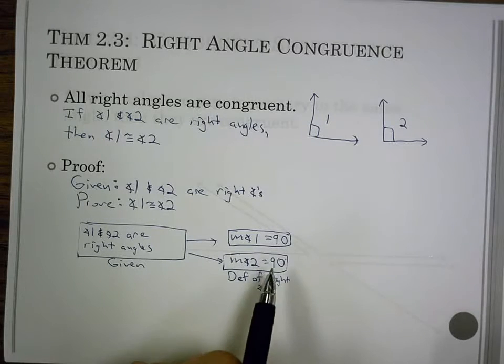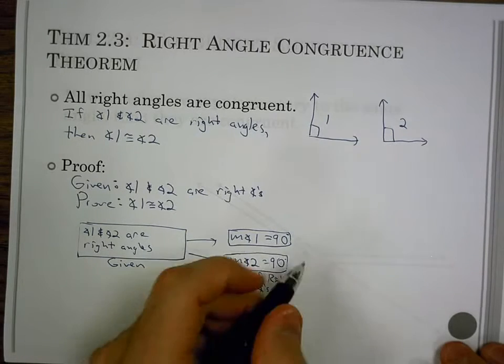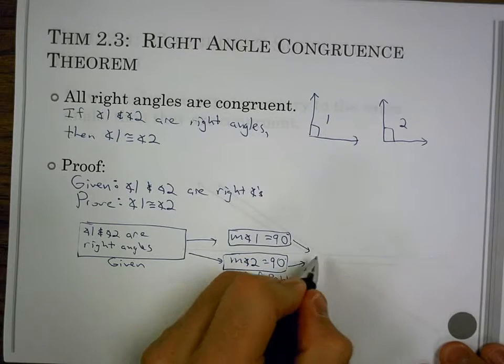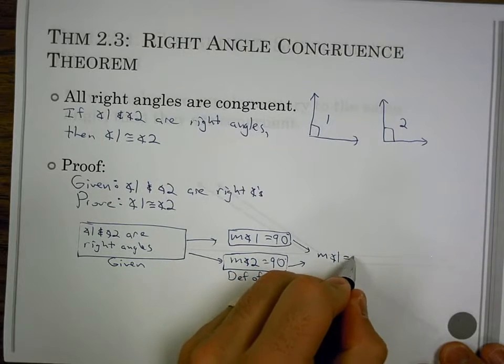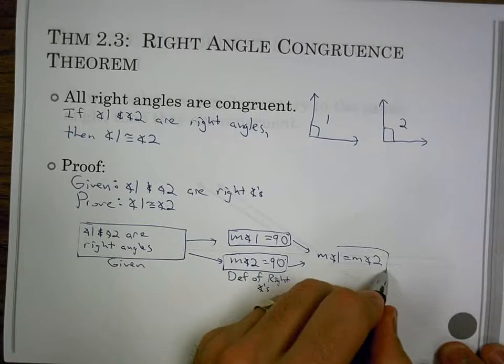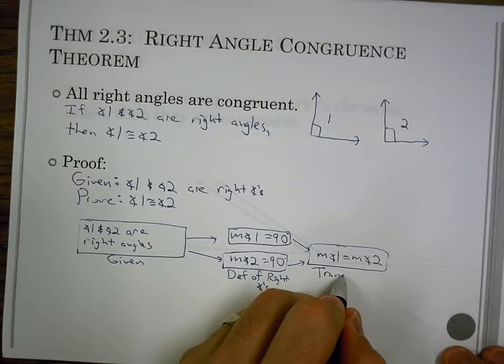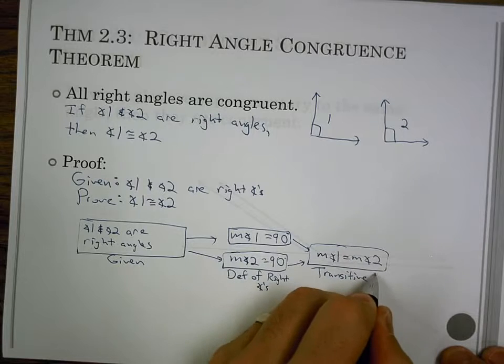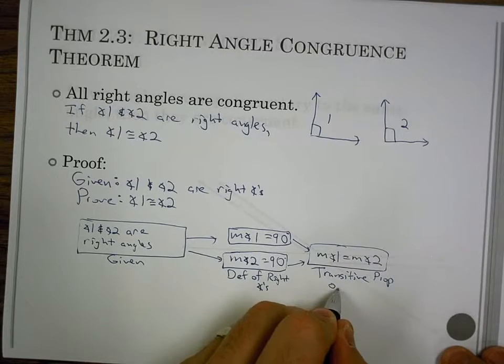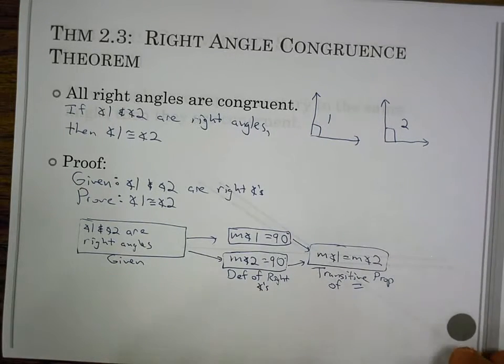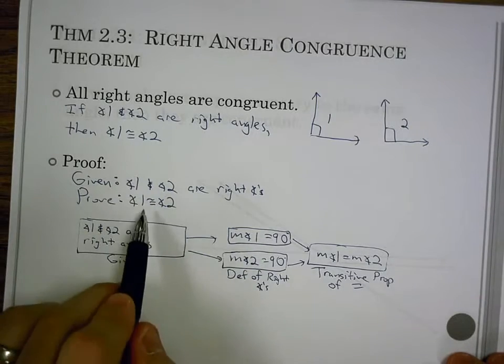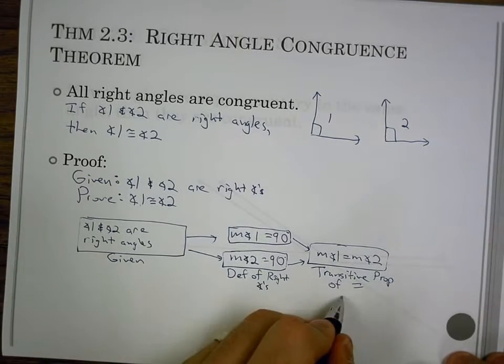So, next thing we have is, well, they're both equal to 90, so that means they're equal to each other. And that's a property we've talked about quite a bit in the last few sections. That is the transitive property of equality. But we're here at equal, we want congruent.